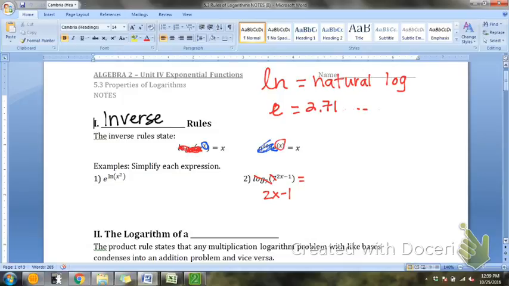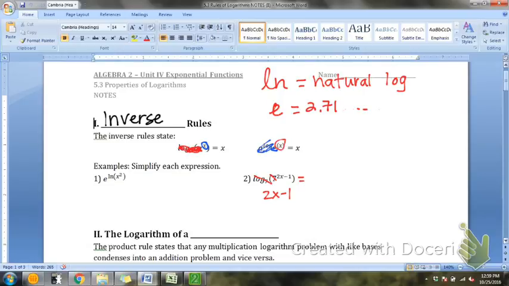That means this letter e is always the number 2.71. Can you think of anything else in math that we use as a variable, but it represents a specific number every single time? Pi, right? Pi represents 3.14 no matter what. The same thing is true about this letter e. e represents the number 2.71 no matter what, okay?